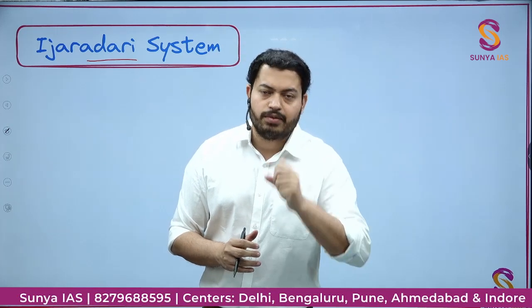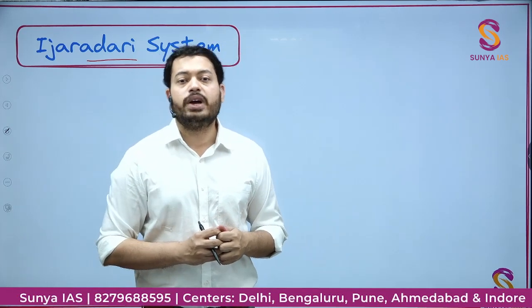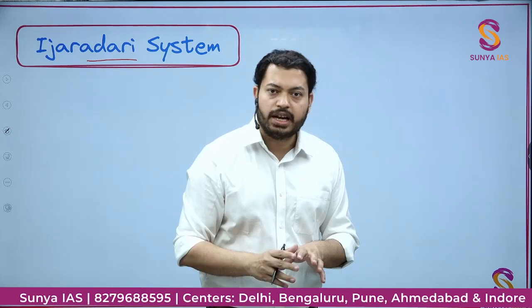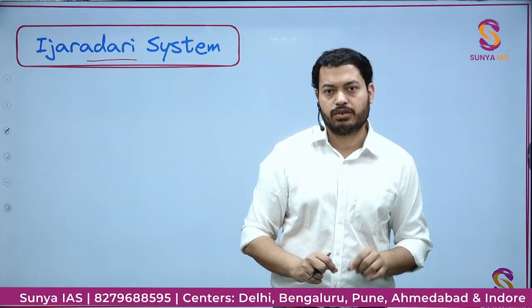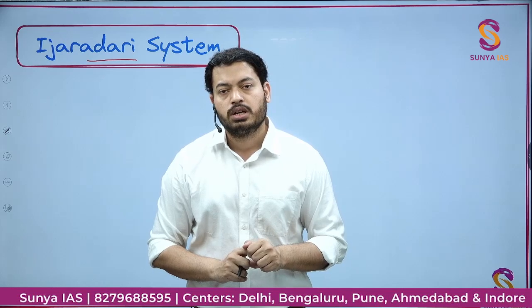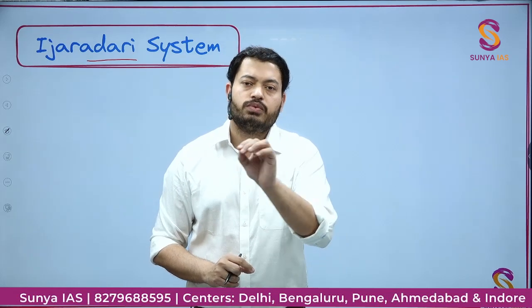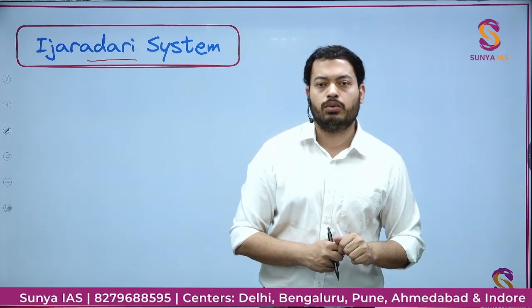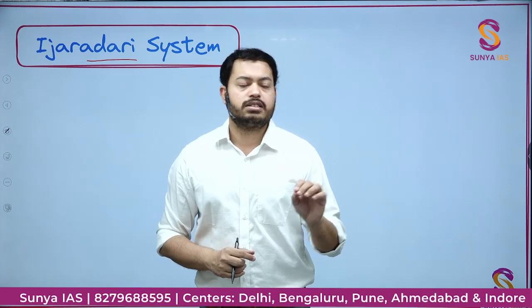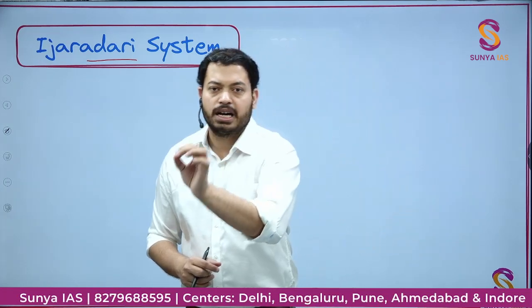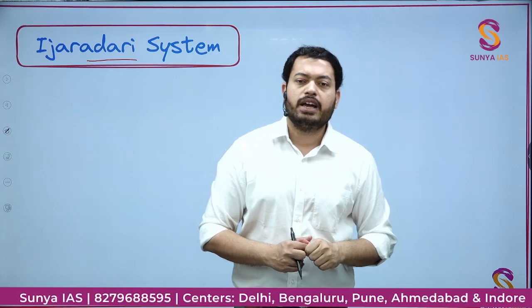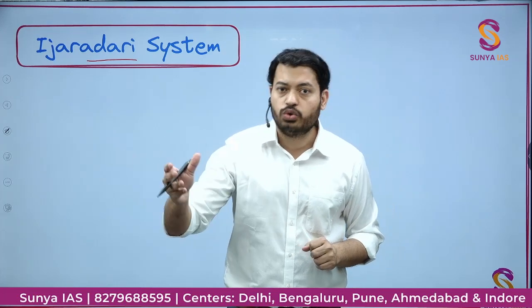It develops a system in which whenever a piece of territory has to be allotted to a zamindar for the revenue collection process, that bidding will be done on an annual basis. What it means is, if there is zamindar A, zamindar B, zamindar C, zamindar D, then everyone will be asked how much revenue they will collect from there.